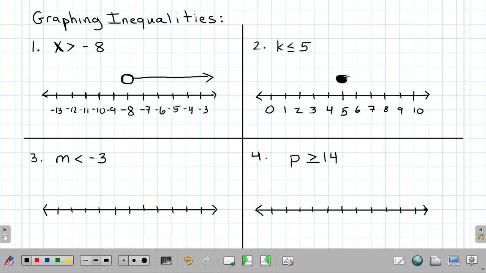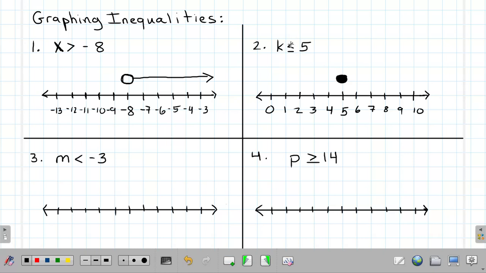And what that tells us is if this closed dot is above the 5, that means 5 can be an answer. Because if we put 5 in here, 5 is less than or equal to 5. It's not less than 5, but it is equal to 5. And once again, that's why we use a closed dot to say 5 can be an answer.